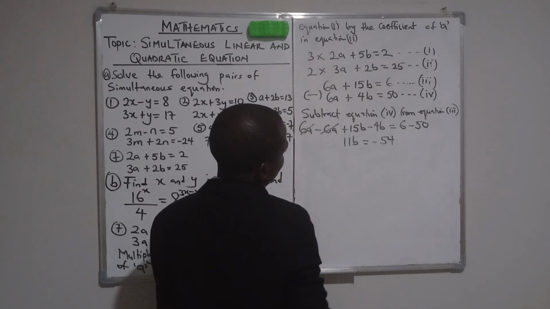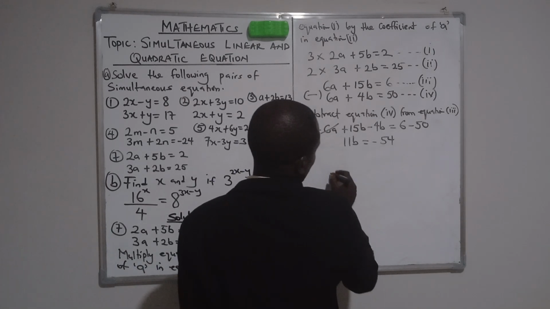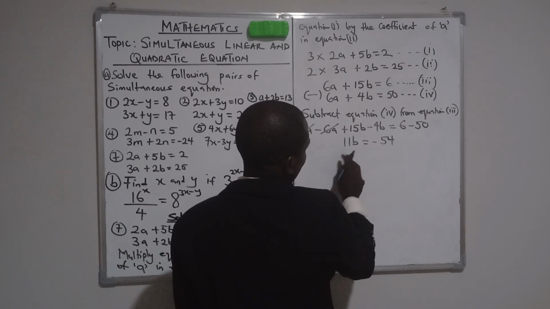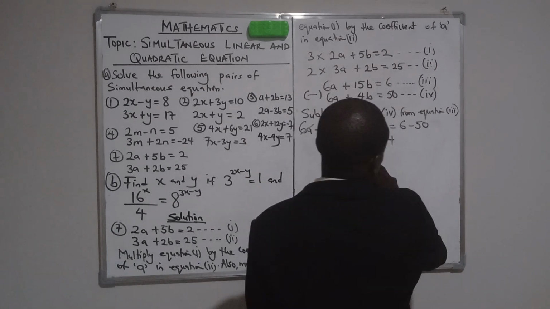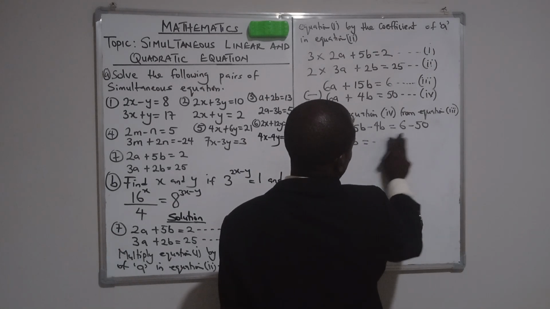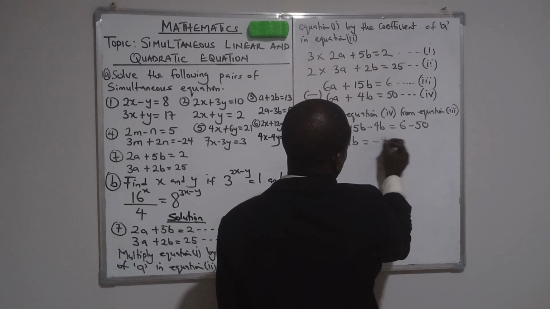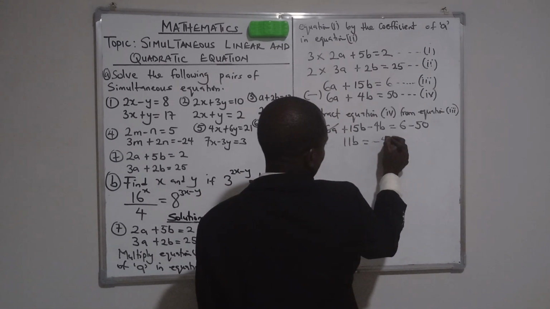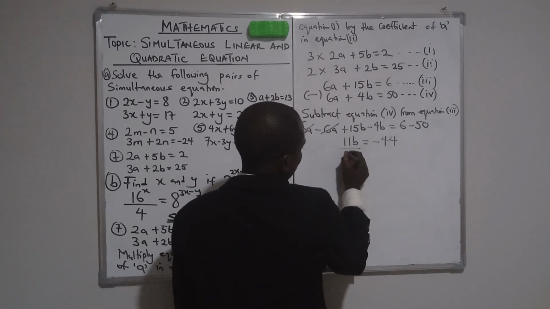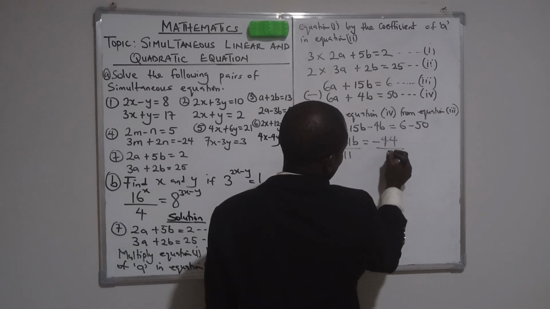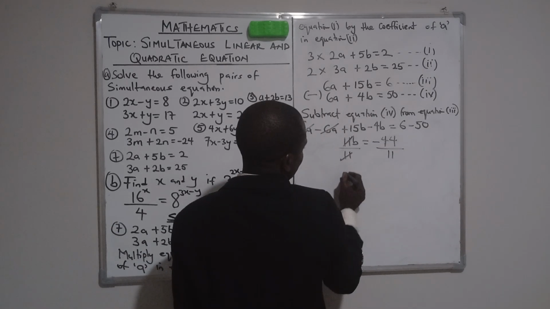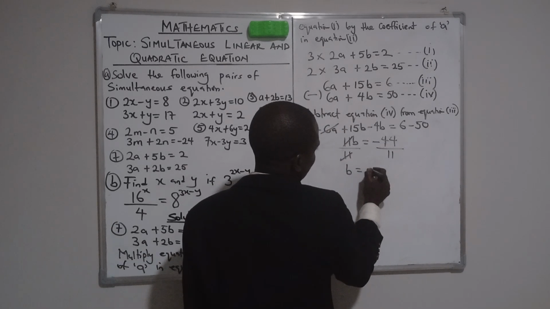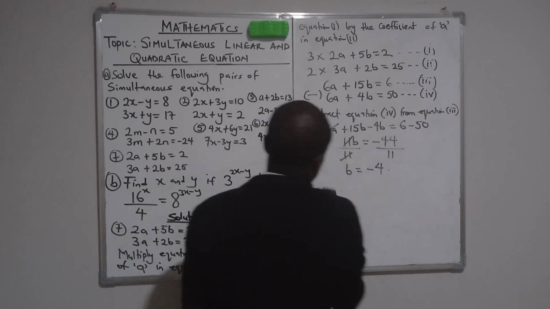Oh, sorry, minus 44. 6 minus 50, that's minus 44. Now divide both sides by 11. 11 cancel 11. B equals to minus 4.